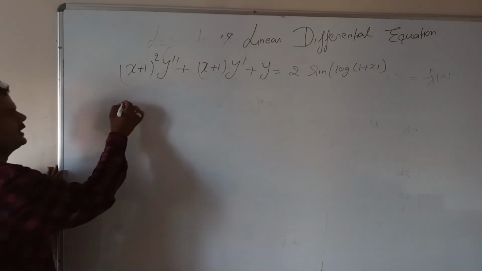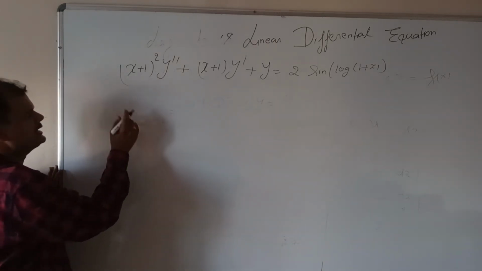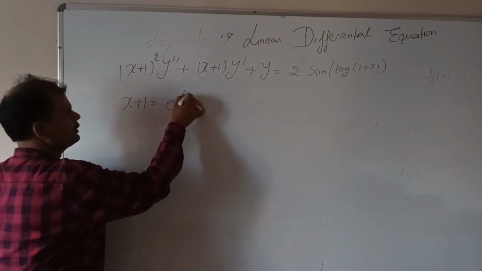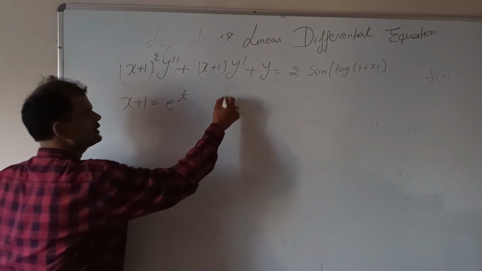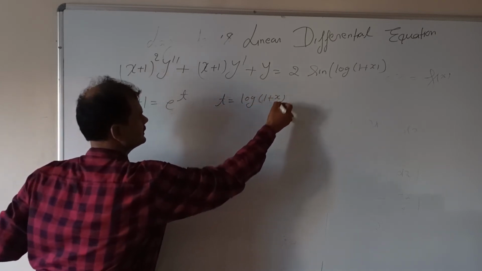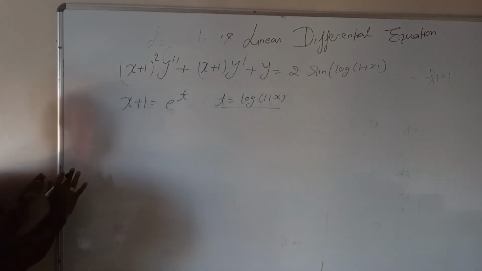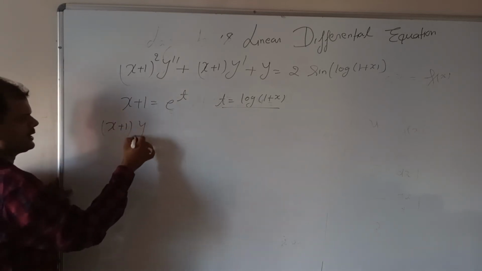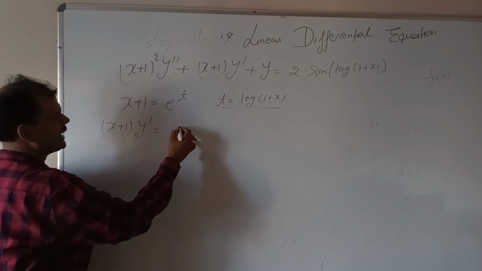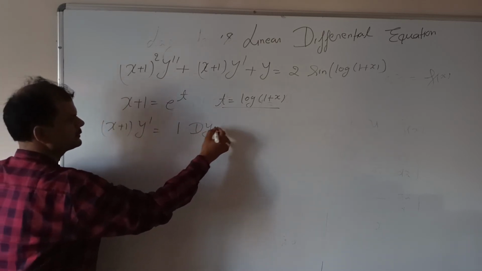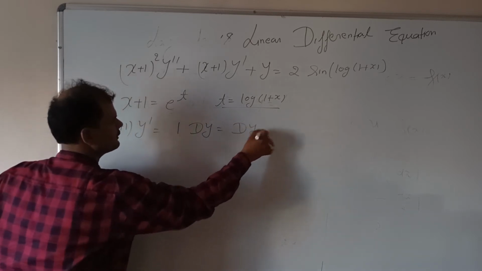If you remember, ax plus b equal to e^t. So here x plus 1 equal to e^t, that's all. So t equal to log(1 plus x). Then using this transformation, we can write (x plus 1) y dash equal to, a equal to 1 here, so 1 into Dy.